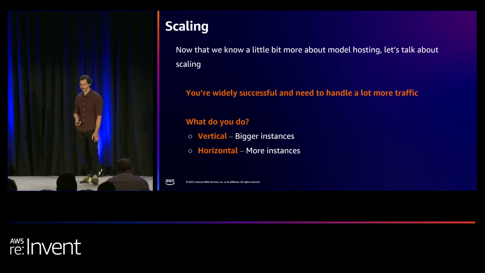The way that we approach that is in 2 different ways, and it depends on whether we're doing single model endpoints or multi-model endpoints, and it also depends on the model type. Some models need really big instances, stuff like large language models, which are the buzz right now. You're probably going to want to scale that vertically, to a larger single instance. On the other hand, when we have our multi-model endpoints, we scale that horizontally.